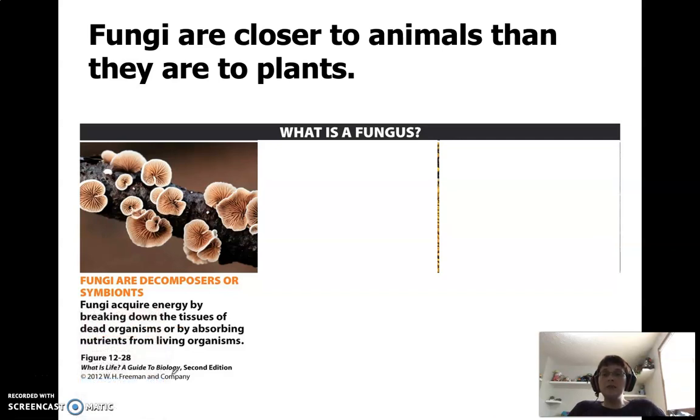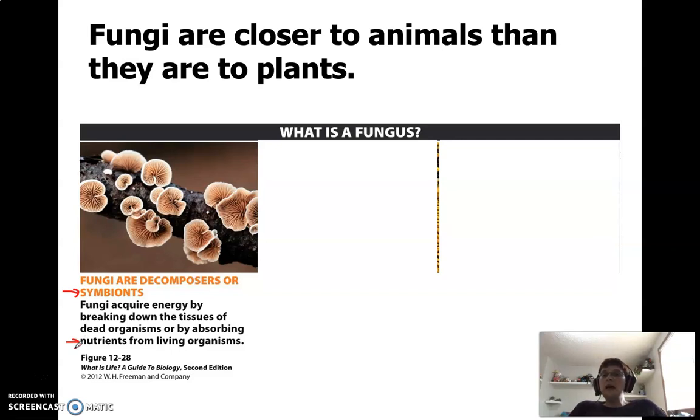The other option is to be what we call a symbiont. So a symbiont means that you live with another organism. Now, in the case of fungi, that means that they're going to get their nutrients from other living organisms.